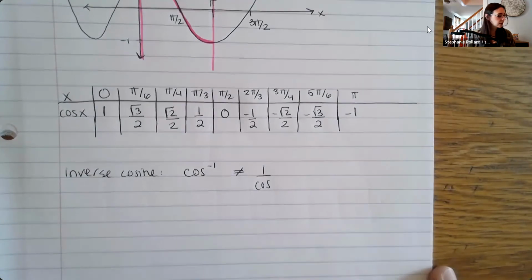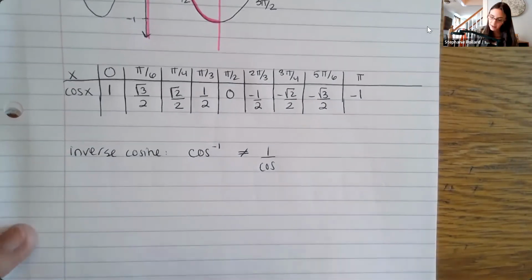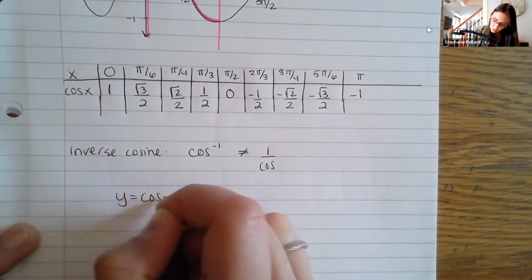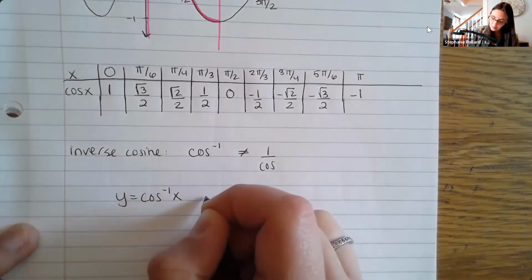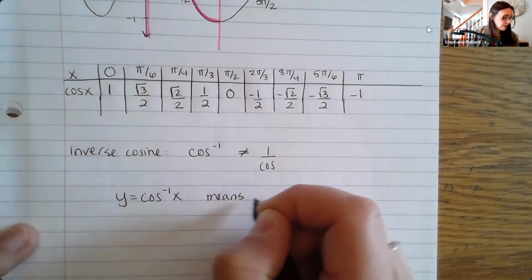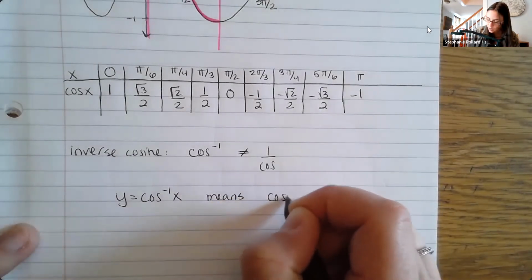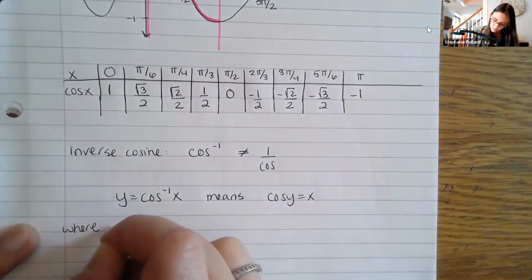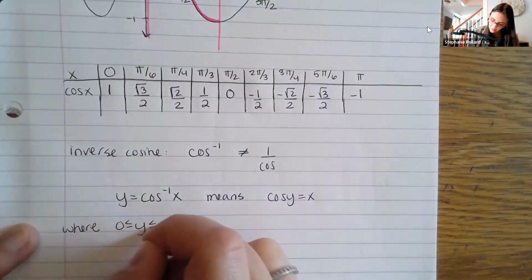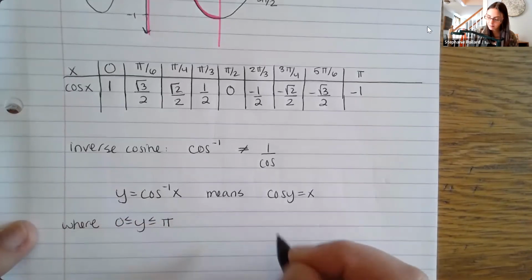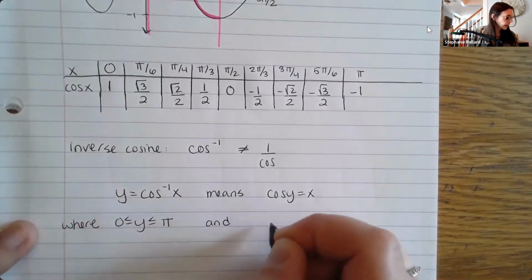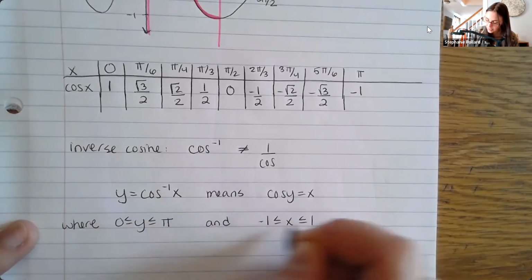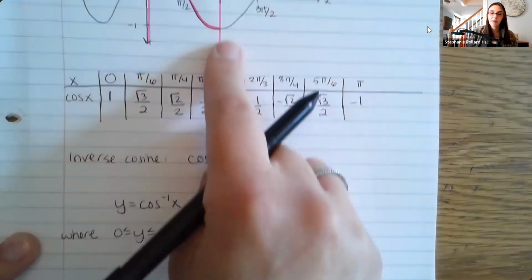So this is our inverse function, and we have the same sort of idea. y equals the inverse cosine of x really uses the same values as cosine y equals x. And here our y values are going between 0 and pi, and our x values are still going between -1 and 1, right? Because that's the maximum and the minimum of our graph.